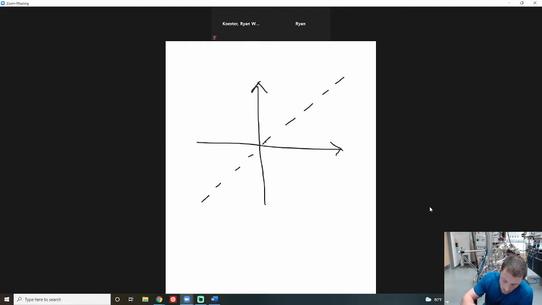And one of the masses is going to be, say, here, and the other is going to be here. The one up top, the one in the second quadrant, would be r plus. Its position vector would be r sub plus, and the one in the fourth quadrant would be position vector r sub minus, I think, as I've written this.